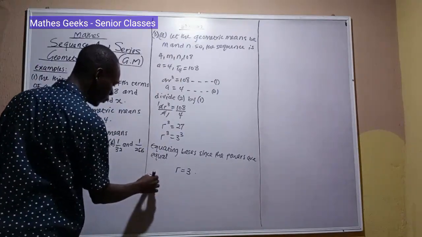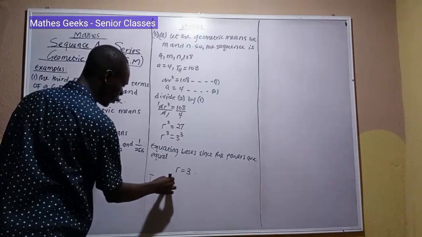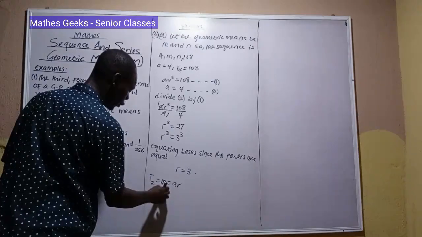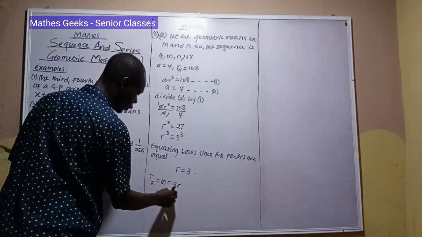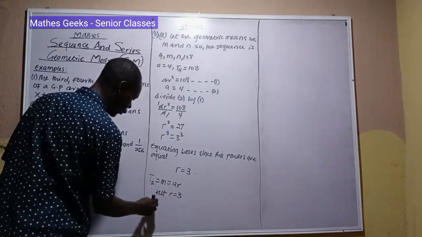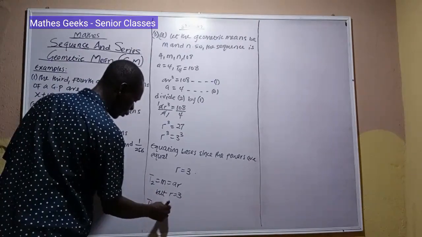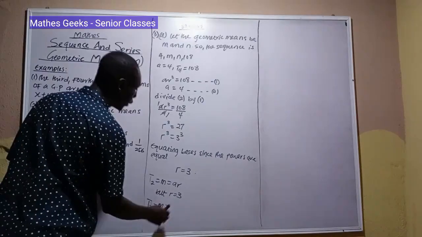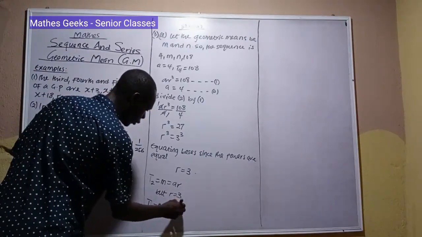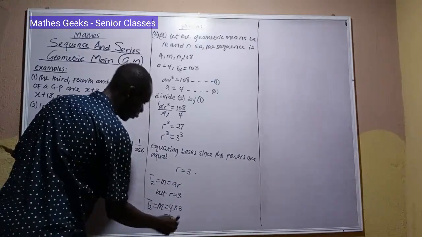So T2 is equal to m. That's equal to ar, but r is equal to 3. So T2, which is equal to m, is equal to the first term 4 times 3. That's equal to 12.